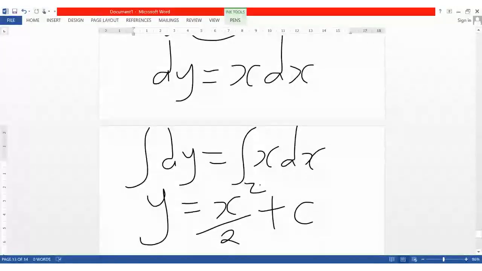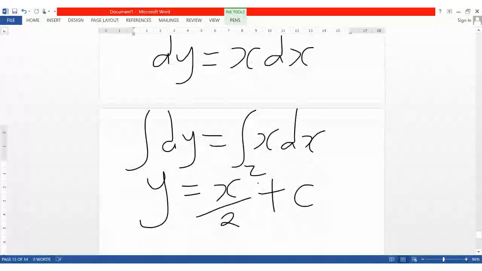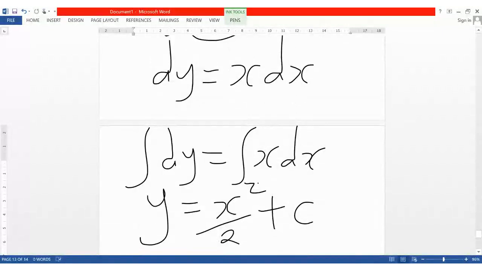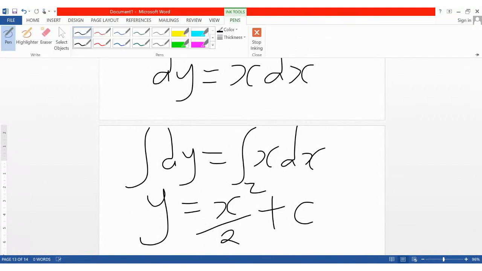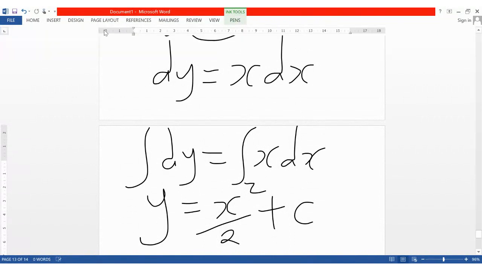So something we are noting in this example, that for you to be able to integrate, the x has to be on the same side with the dx. Why? They are similar. You can see here. Let me show you with the pen. If you want to integrate, you can see the x has to be with the dx. Then on the side of the y, it is alone because there is no y.